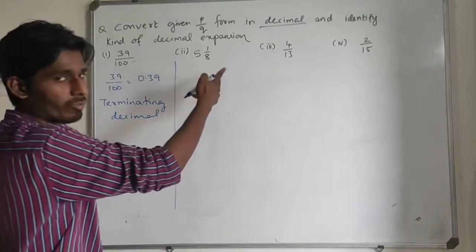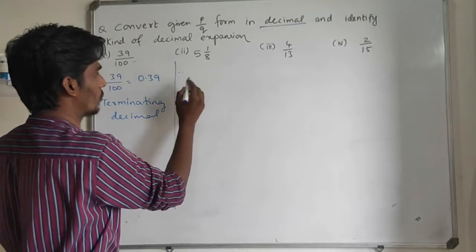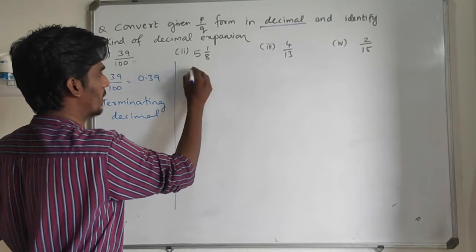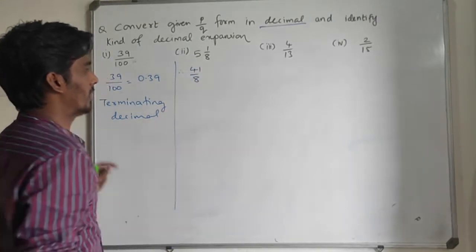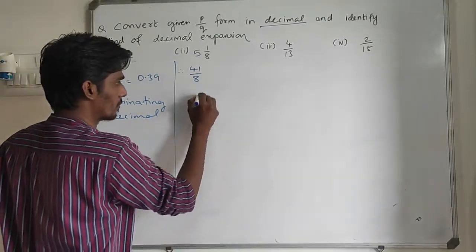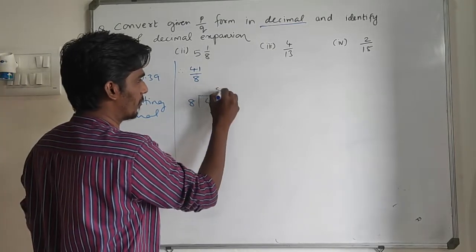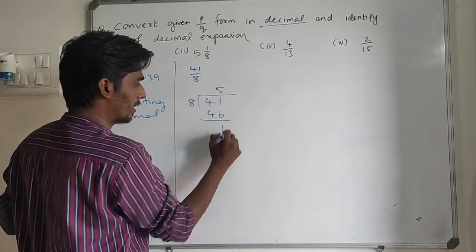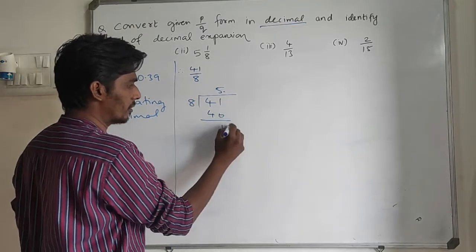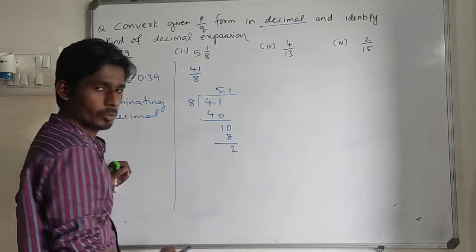Now next one, 5 integer 1 by 8. First of all, let's convert it into p by q form. 8 5s are 40, 40 plus 1 is 41 upon 8. Now we have to divide this 41 upon 8. 8 how many times in 40? 5s are 40, remainder 1. Point here, 0. 8 1s are 8, 2 remainder.